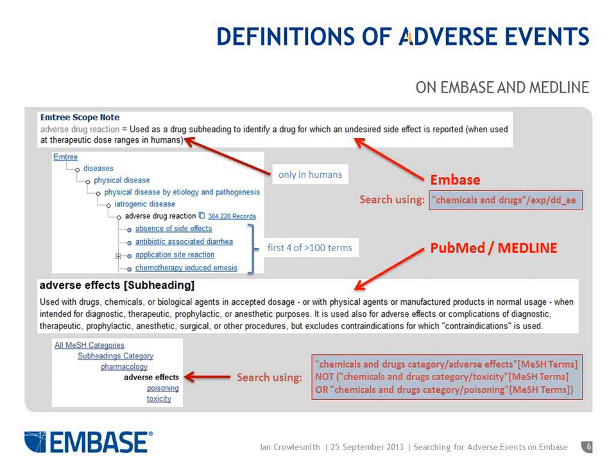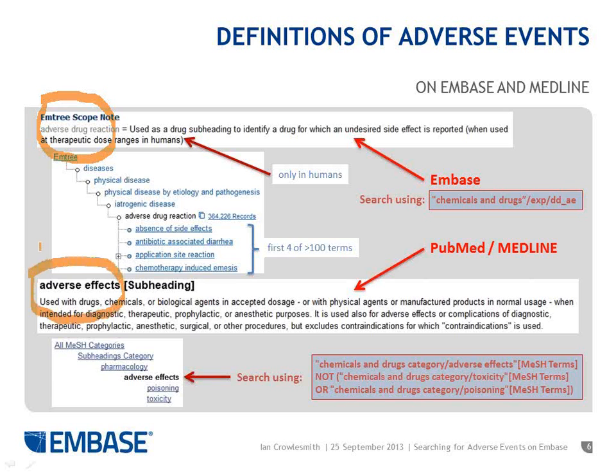First of all, I'd like to focus on the adverse drug reactions in Embase. And there's a definition here of the Emtree scope note for adverse drug reaction, and adverse effects on MeSH, on MEDLINE, which are defined here. And these definitions are not identical.